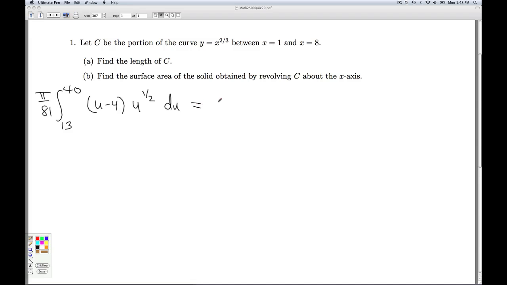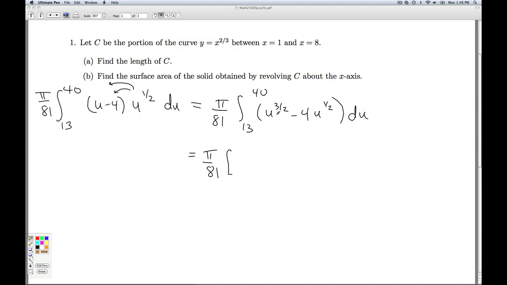Okay, so this integral isn't that bad. It's pi over 81 times the integral from 13 to 40. First step is we're going to multiply that through. u times u to the 1/2 is a u to the 3/2 minus 4u to the 1/2 du. I got pi over 81. Use the power rule. u to the 3/2, add 1 to that, you get u to the 5/2.